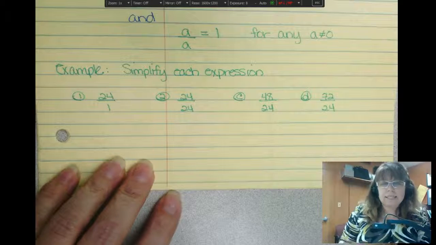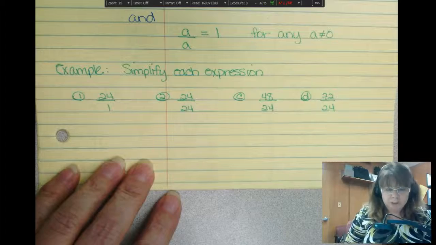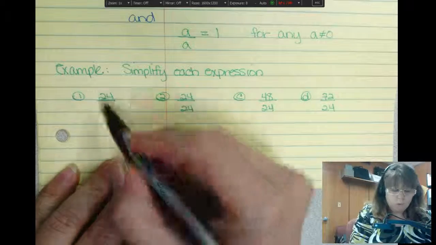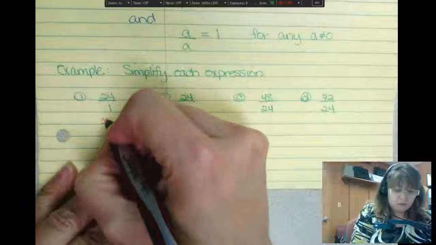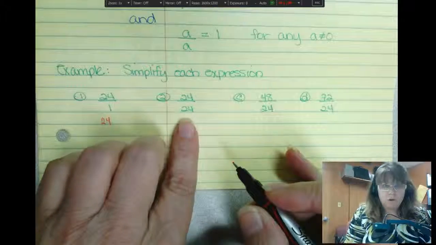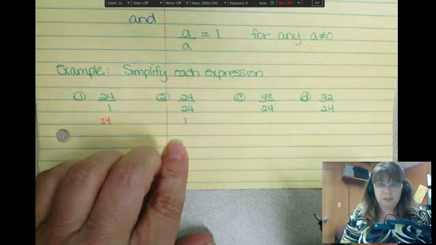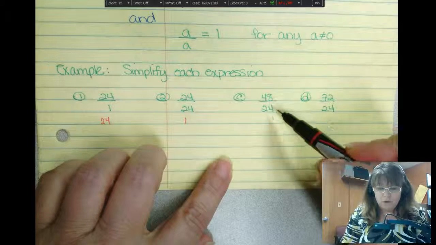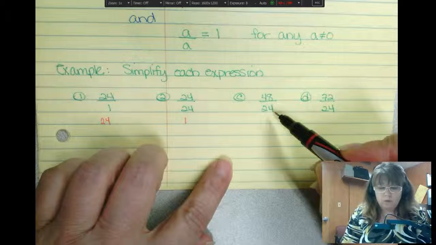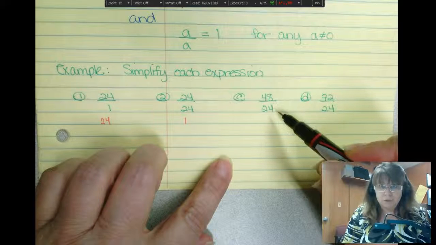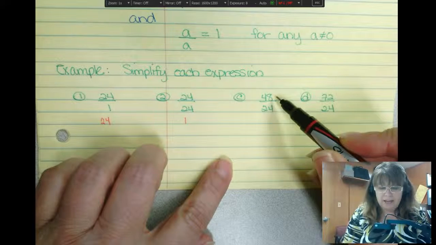Now let's take these examples and simplify each expression. So 24 over 1 can just be written as 24. 24 over 24 is 1. Remember, anything over itself is 1. 48 over 24. Well, 24 times 2 gives us 48.